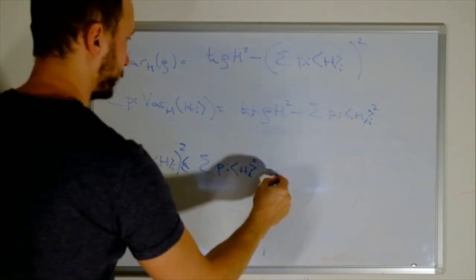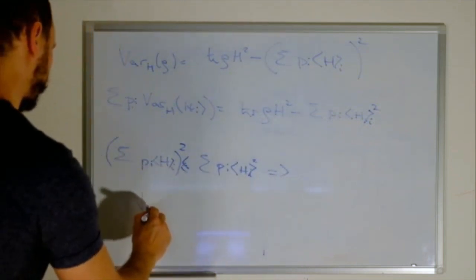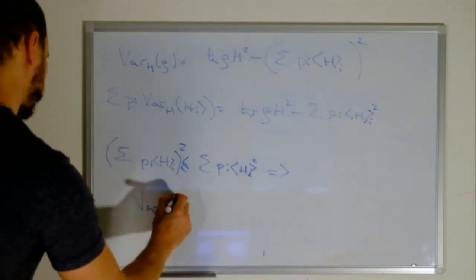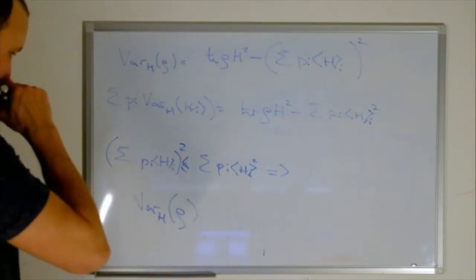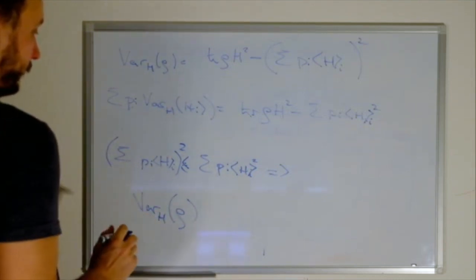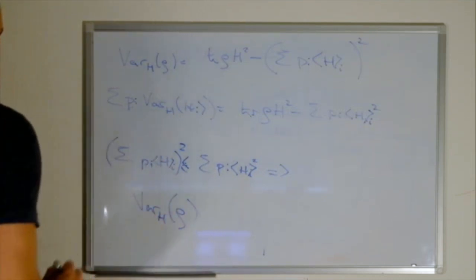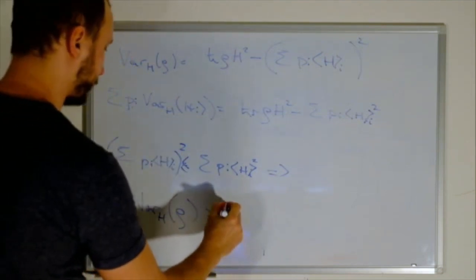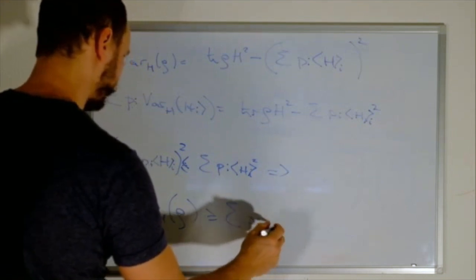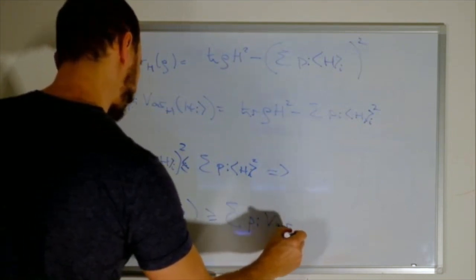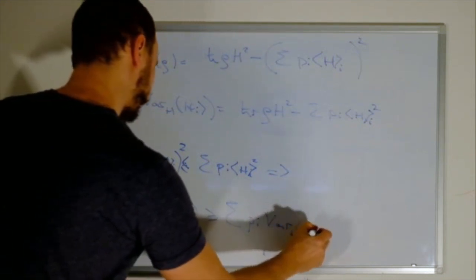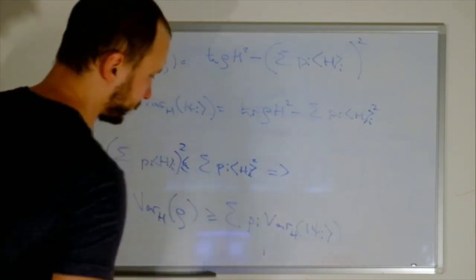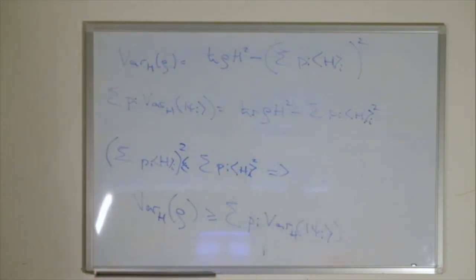So this implies that precisely the variance of the Hamiltonian h for the density matrix rho is larger or equal than the average variance for any decomposition. Okay. All right. This is what we wanted to show.